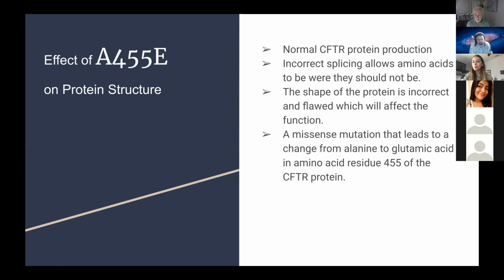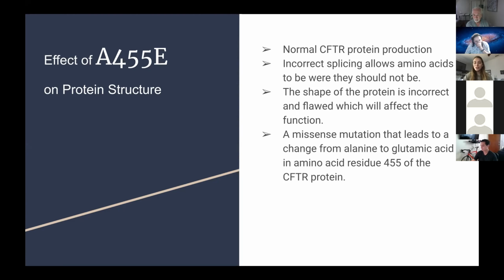Then proper splicing occurs where introns are taken out and exons join. Translation then follows where the amino acid chain forms a polypeptide, which then forms the CFTR protein. The protein travels to the endoplasmic reticulum to be folded and packed. Then it is sent to the Golgi apparatus and then to the apical membrane. The CFTR protein is used at the membrane to form chloride channels to allow the active transport of chloride ions to maintain the balance of salt and water.